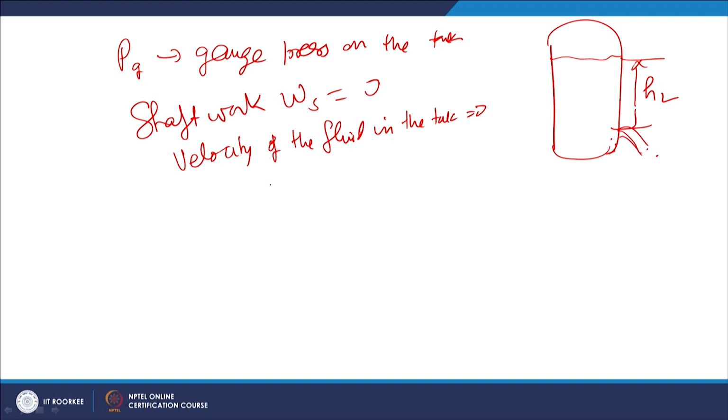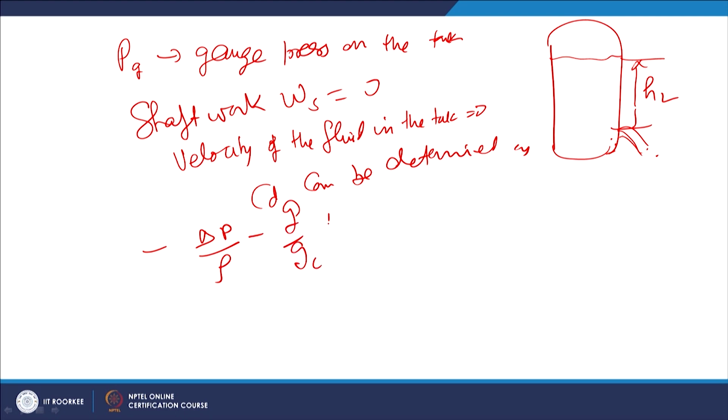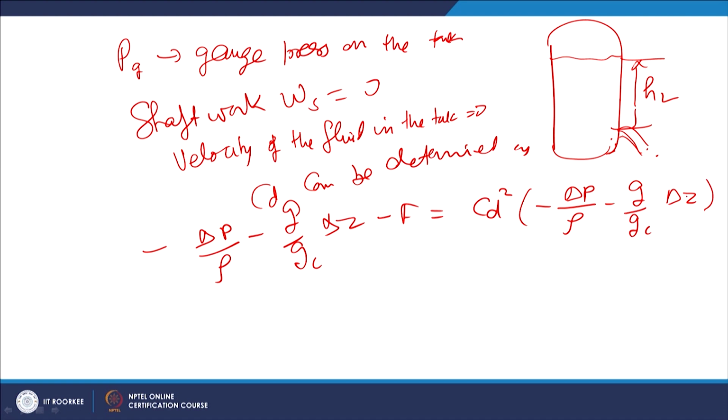So the discharge coefficient CD can be determined as minus delta P upon rho minus g upon gc delta Z minus F is equal to CD square times minus delta P upon rho minus g upon gc delta Z. Now, if we solve this equation for getting the average instantaneous discharge velocity from the leak, that is u, it is carried out by this formula.